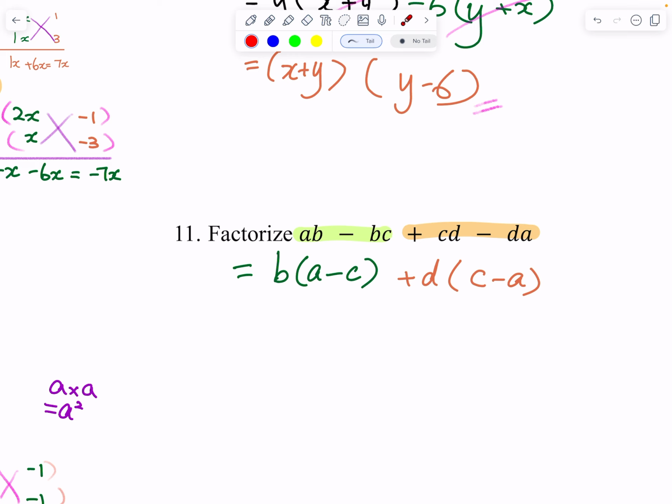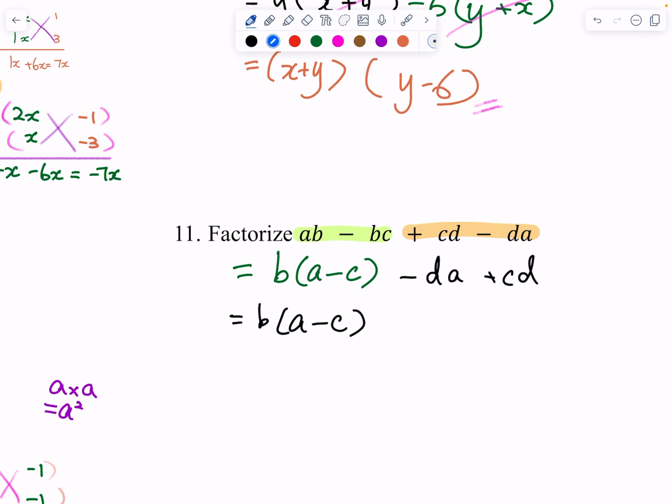Well, you can do something else. You can choose to switch their positions, or you can just choose to switch these two. If I do that, what does that become? Negative dA plus CD. This first part is fine.